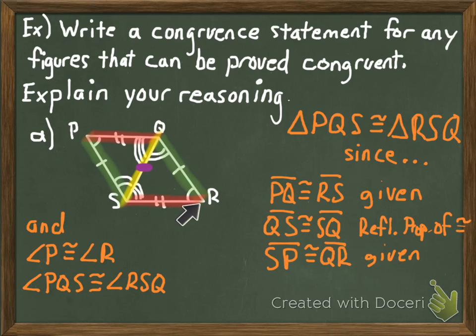There are three angles that have this vertex Q. There's angle PQS, there's angle SQR, and there's angle PQR, and I got to be as specific as possible about which of those I'm naming. So angle PQS, this one with the three little arcs, is the one I was trying to use, and it's congruent to this angle RSQ over here. That's why I named them the way that I did. And then finally, this angle PSQ is going to be congruent to this angle RQS.